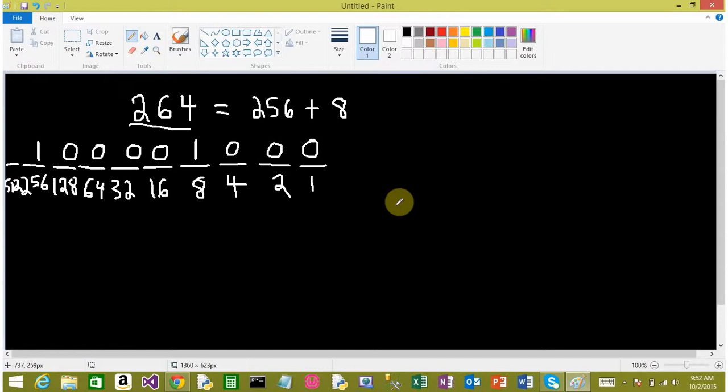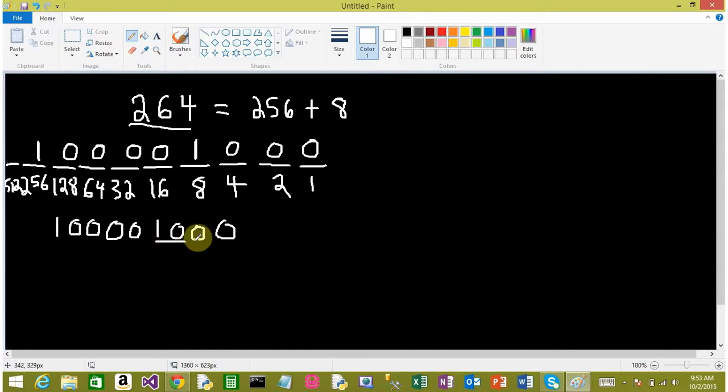Okay, so we know that that's the binary number. We have 1, 0, 0, 0, 0, 1, 0, 0, 0. So that is the binary number for 264. Now to convert to hexadecimal, we're going to have to divide these up into the nibbles, the 4 bits.